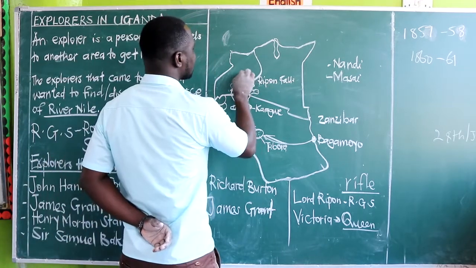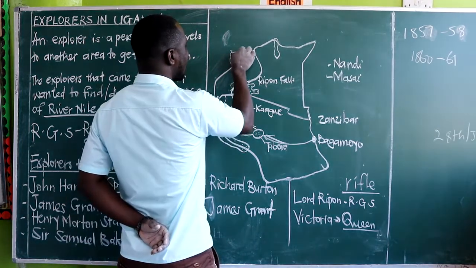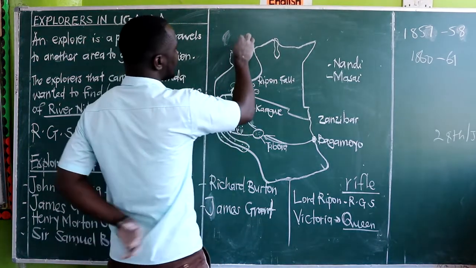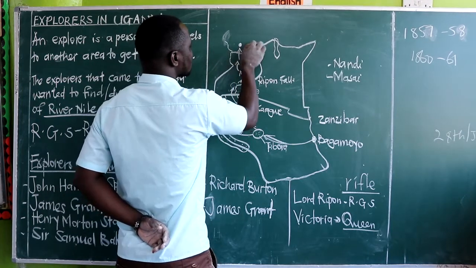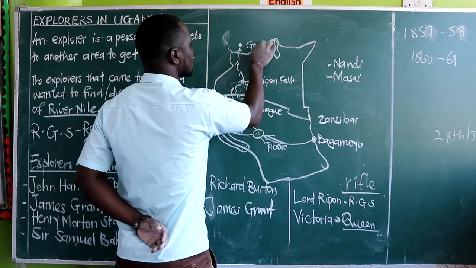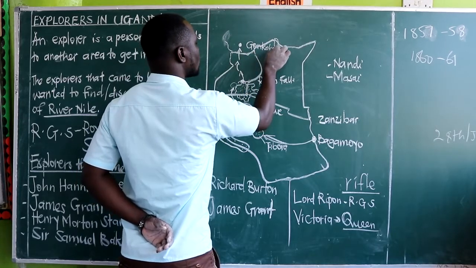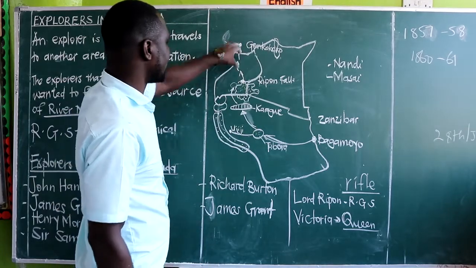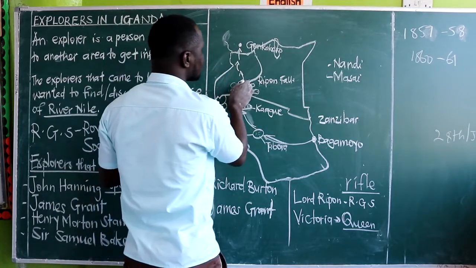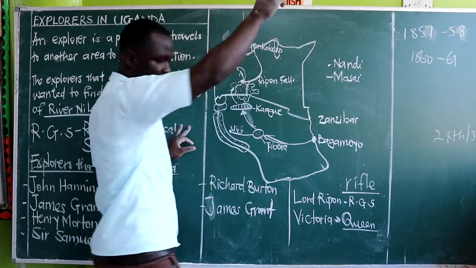Now, we have Speke returning. He went back, and when he reached Gondokoro, a place here in South Sudan, in your book you have this diagram. When he reached Gondokoro, remember the Nile flows northwards, it goes up to Egypt.